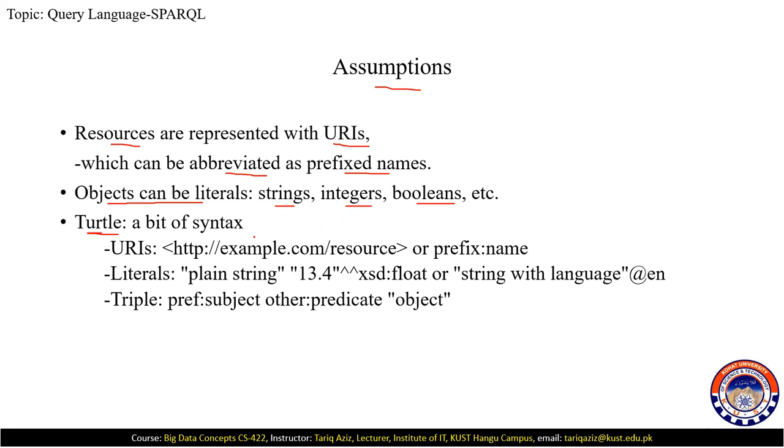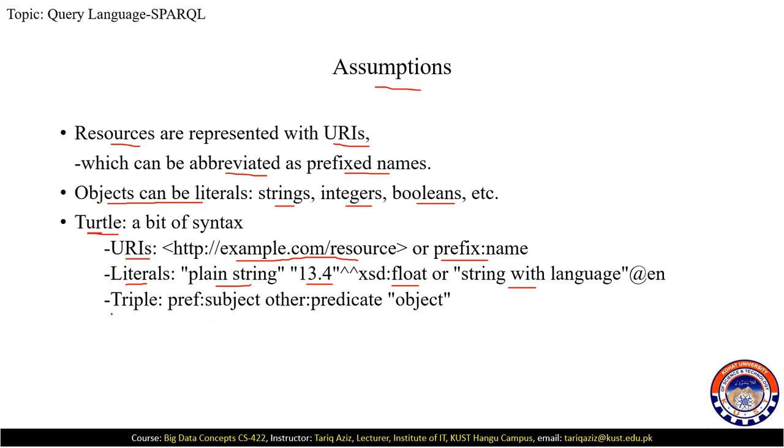The URIs will be represented like this, and we already know about this: this is our URL, or it can be represented like this: prefix colon name. Then the literals are represented like this: plain string, 3.4, etc. All these are known as literals.